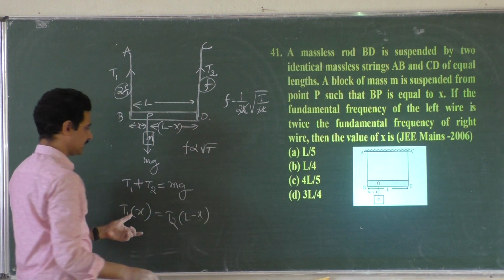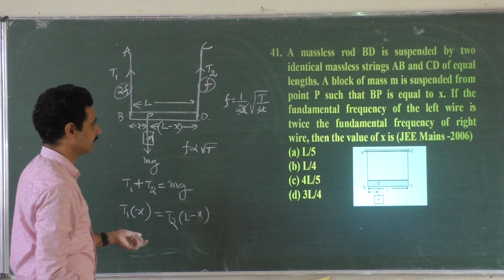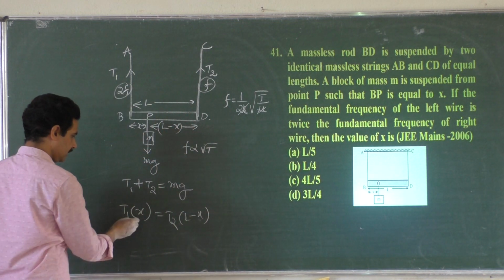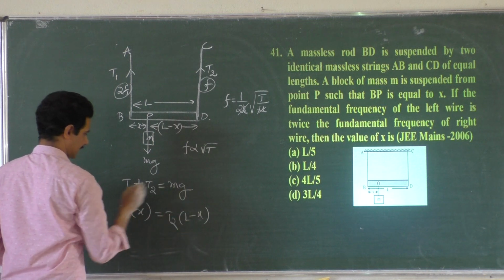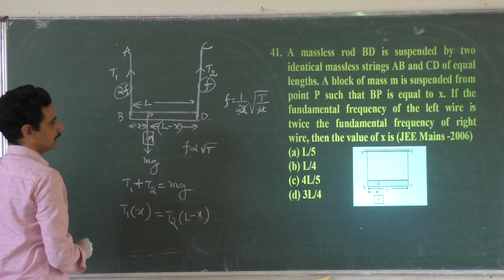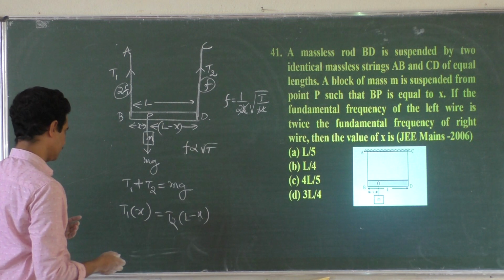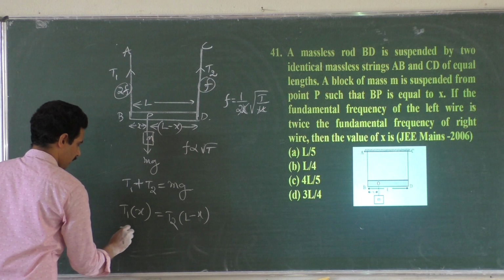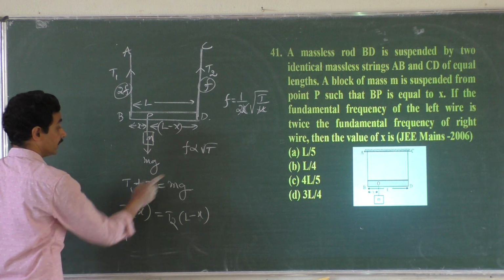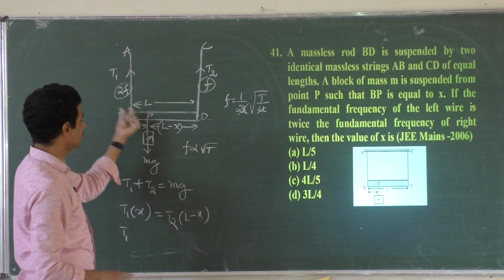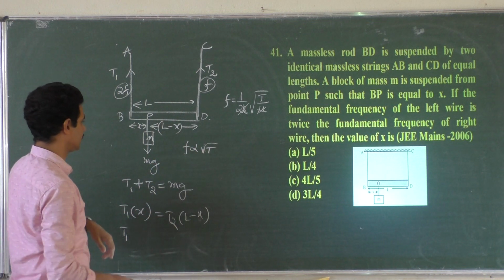So you have two equations from where you can calculate the value of x. T1 into x equals T2 into L minus x. What else do you have? You have a relation which says frequency is directly proportional to root of tension.